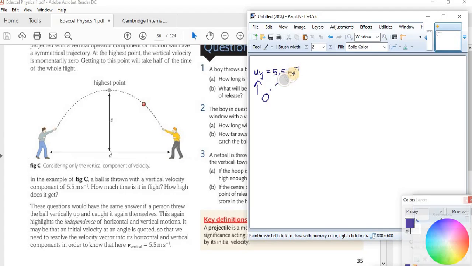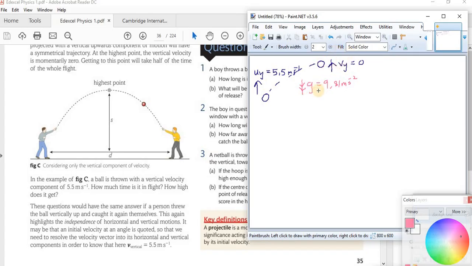You can assume it was thrown at an angle, but we are concerned only about the vertical component of velocity. At the highest point, the vertical component of velocity Vy equals 0. So Uy equals this, Vy equals 0. What else we know is that the acceleration of free fall g is equal to 9.81 meters per second squared, vertically downwards, and we are supposed to find how much time it is in flight.